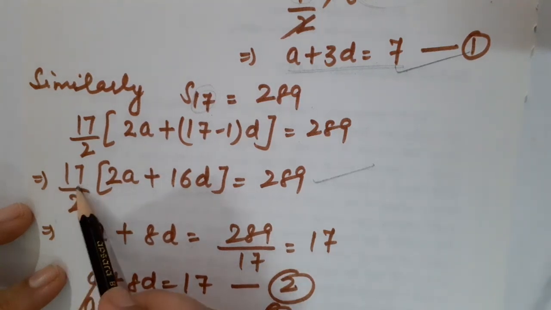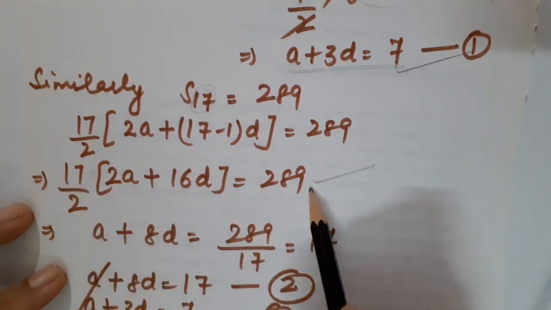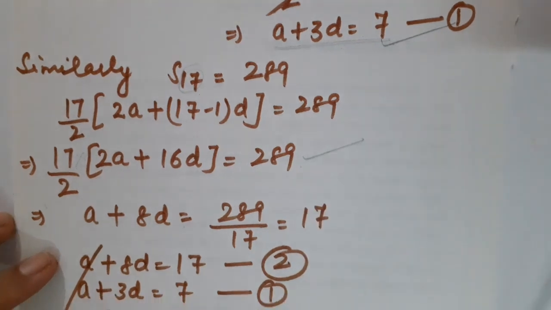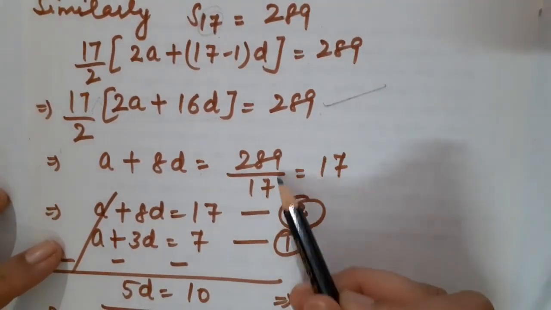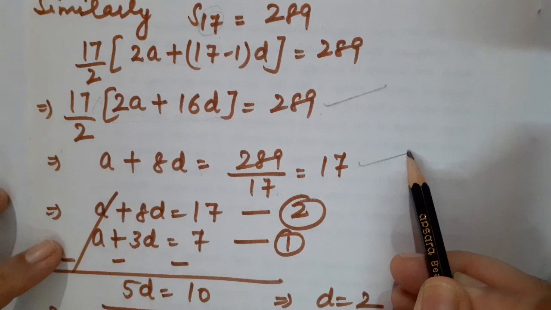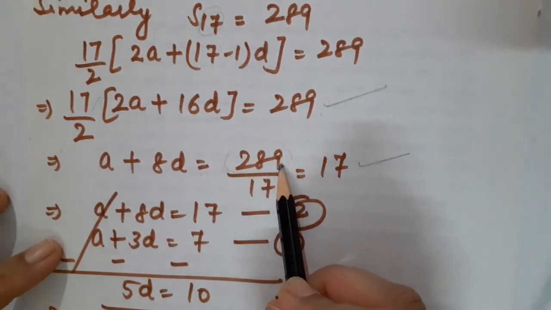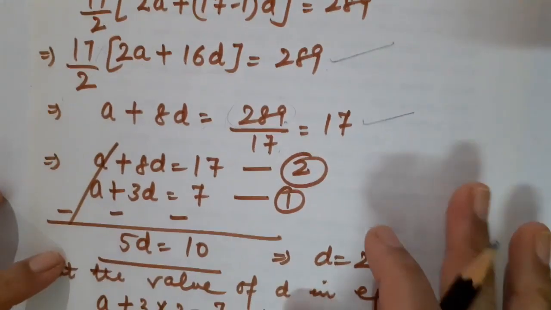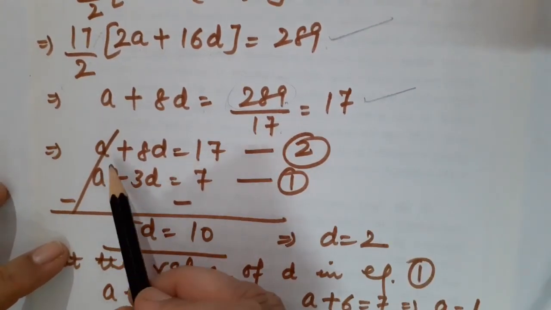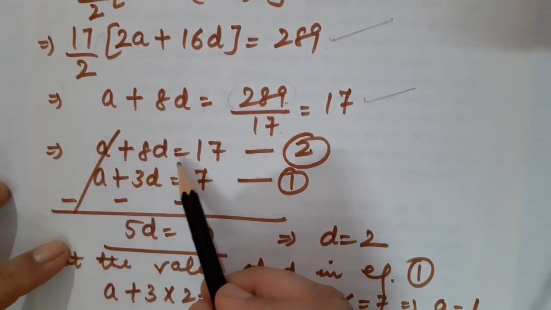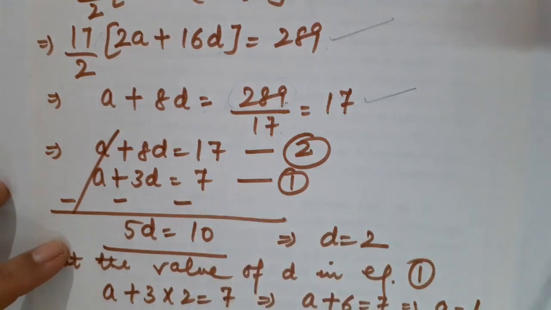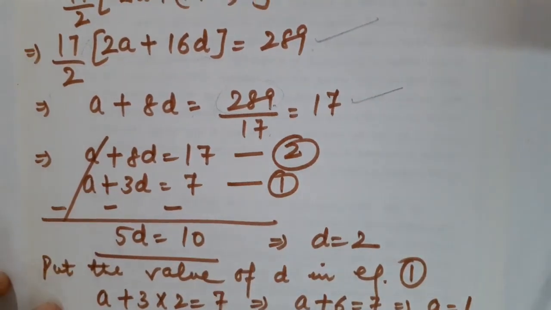Correct? So this 17 is multiplying here, so it will be divided on the other side of the equal sign. It would become 289 upon 17, that is actually 17 because 289 is the perfect square of 17. Correct, student? Okay. Now I have got a plus 8d is equal to 17 as equation number 2.